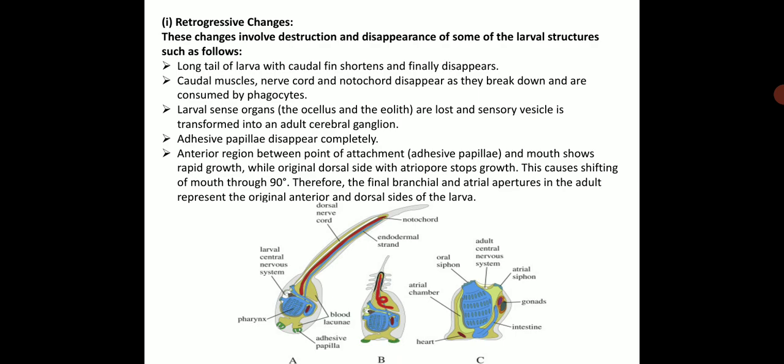Because of this, the mouth shifts through 90 degrees. Therefore, the final branchial and atrial apertures in the adult represent the original anterior and dorsal sides of the larva. So these are some of the changes you find in retrogressive changes.